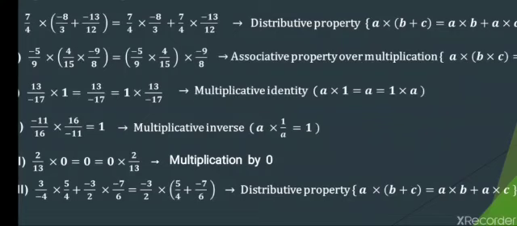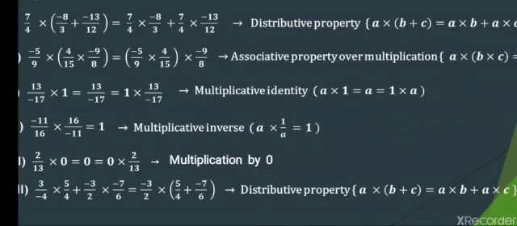In the previous presentation, we discussed multiplicative inverse. What is multiplicative inverse? It is just the reciprocal of that number. If you have to find the multiplicative inverse of any number, it is the reciprocal of that particular number.